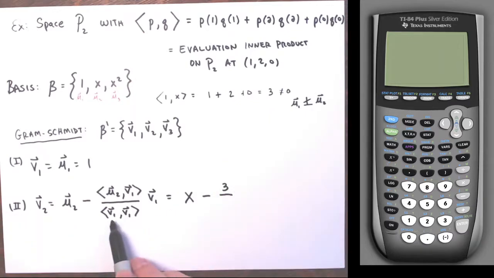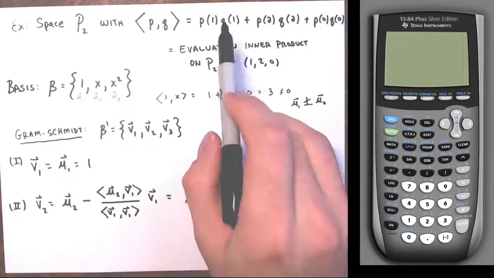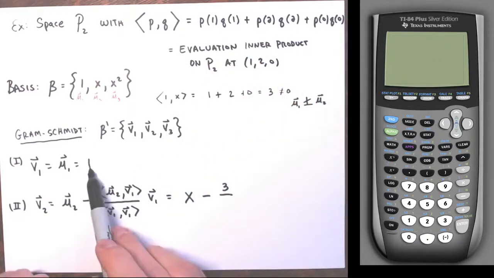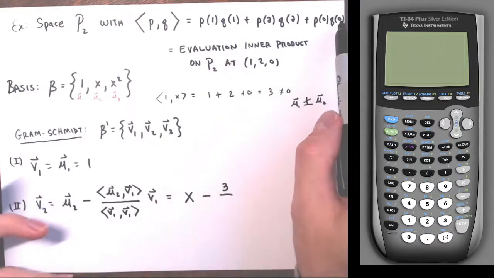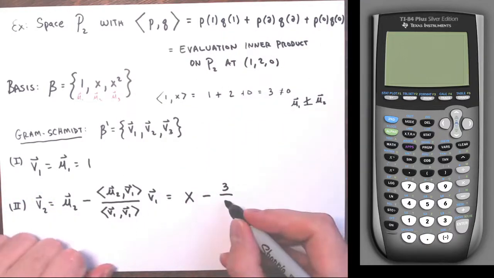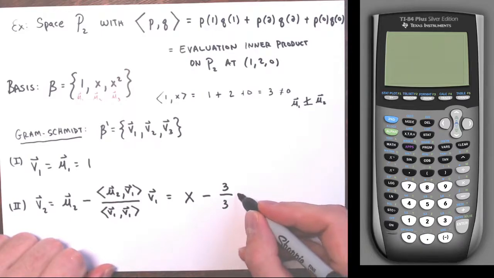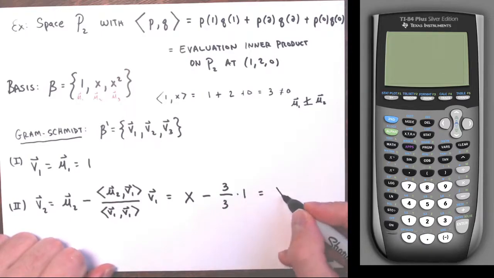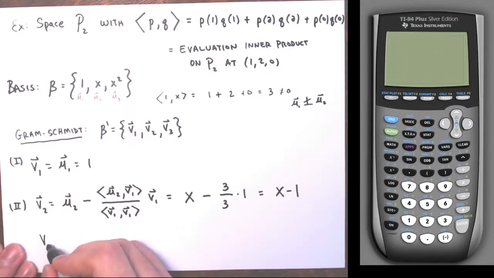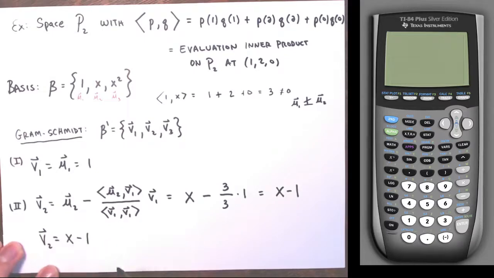And then the inner product of v1 with itself this time is 1 times 1 plus 1 times 1 plus 1 times 1, because v1 is just 1. So 3 again, times v1. So we're getting x minus 1. X minus 1 will be the second polynomial in our orthogonal basis.